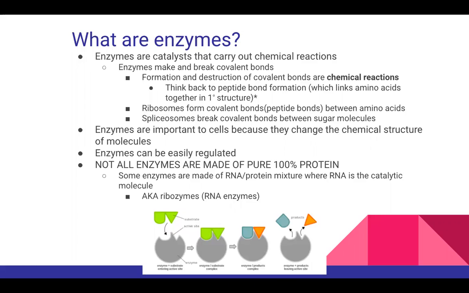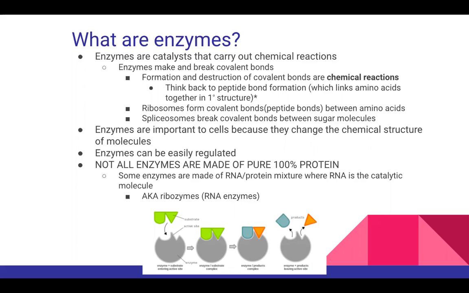An example of an enzyme that catalyzes the breaking of a bond is a peptidase. It breaks apart peptide bonds. Ribosomes form covalent bonds, or peptide bonds, between amino acids, and spliceosomes are an example of enzymes that break covalent bonds between sugar molecules.